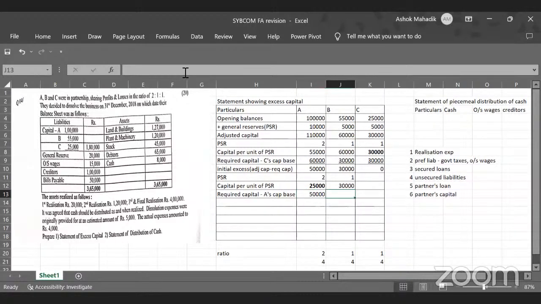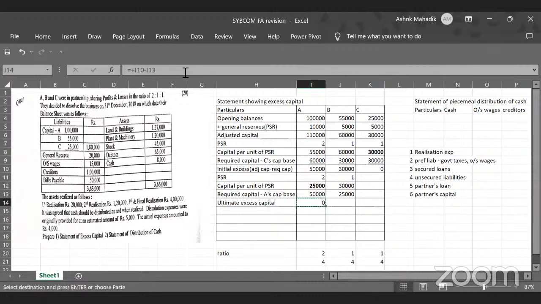What about B? 25,000 into 1, so 25,000. Now again minus it, you will get ultimate excess capital. So 50,000 is initial excess minus the required capital 50,000, so 0.